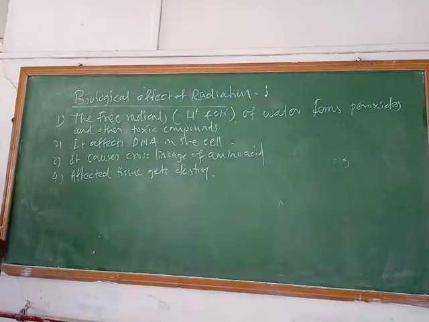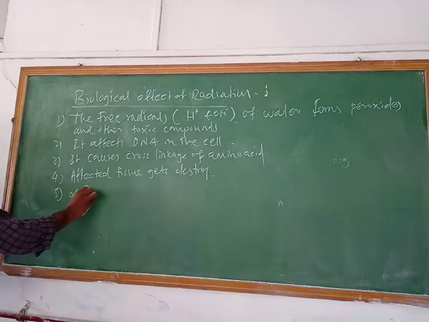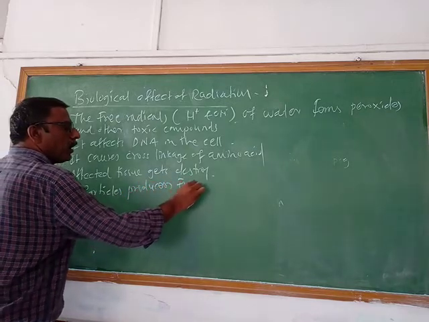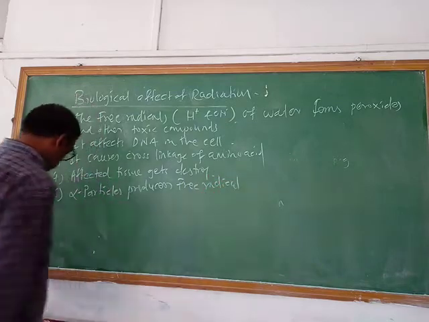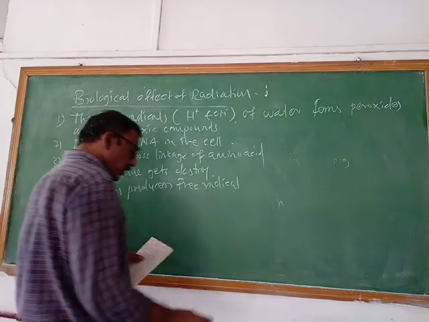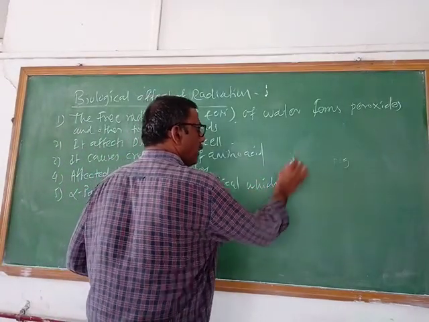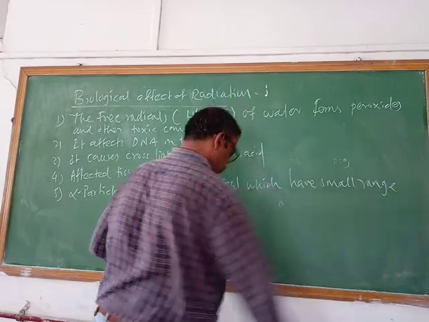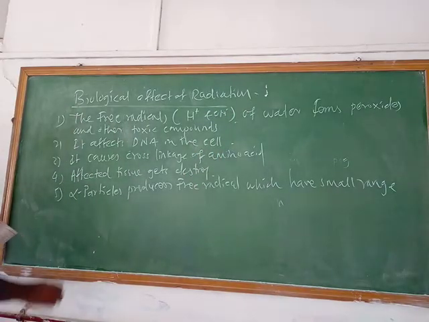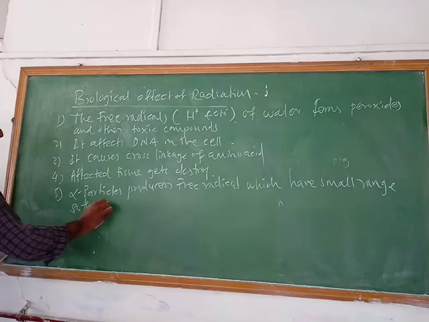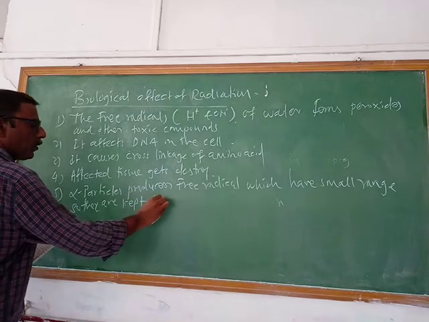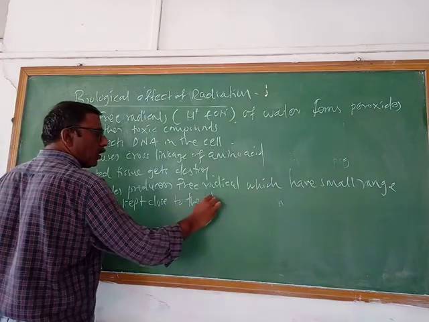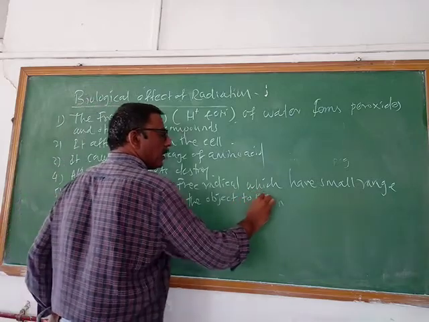Alpha particles produce free radicals which have a small range, so they are kept close to the object to see the effect.